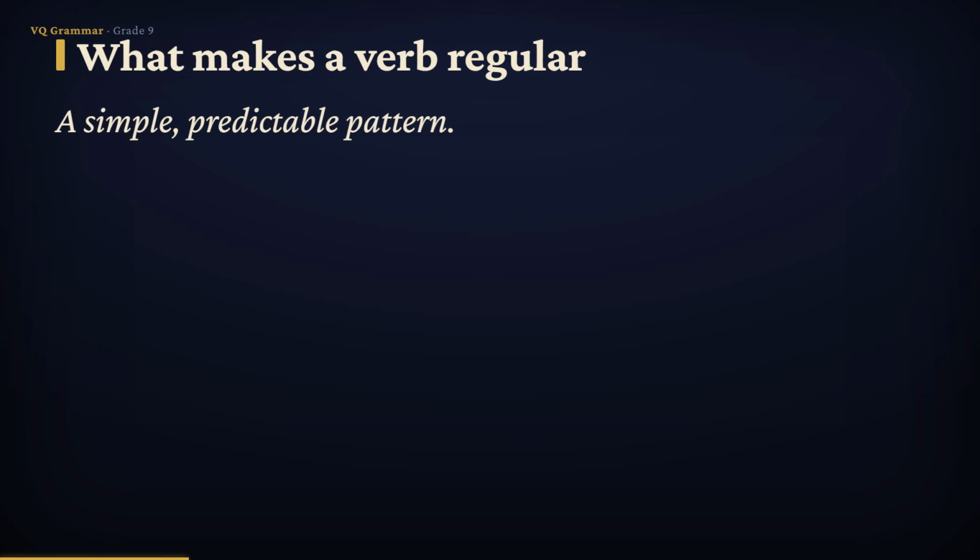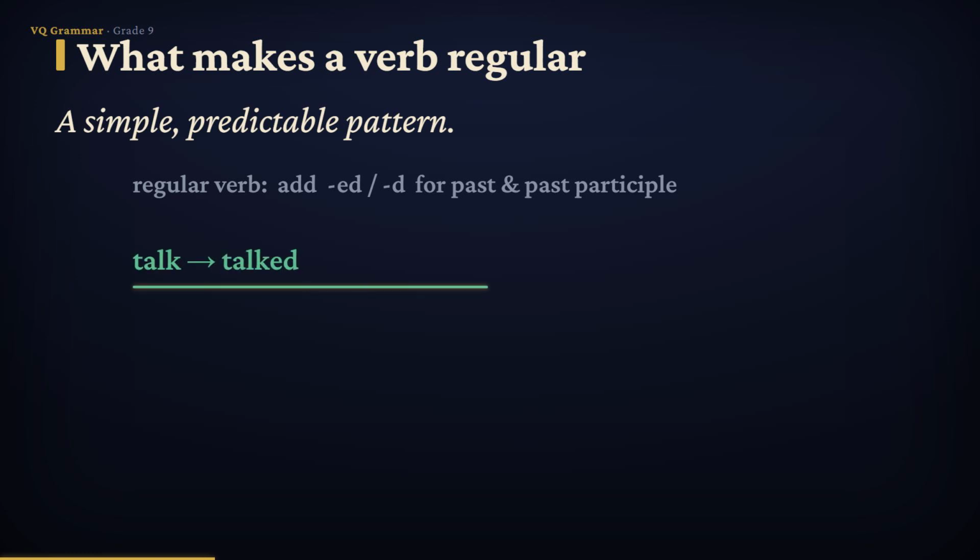Now, what exactly makes a verb regular? A regular verb is one that forms its past and its past participle by simply adding ed, or just d, to the base form. Watch. Talk becomes talked, and live becomes lived. When the base already ends in e, like live, we only need to add the d.